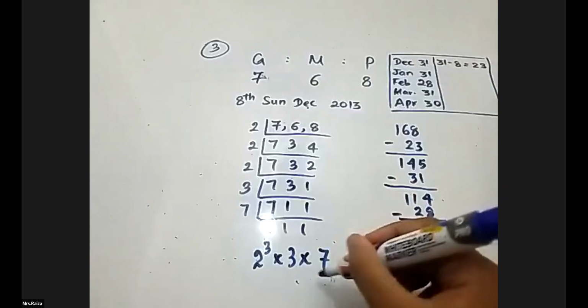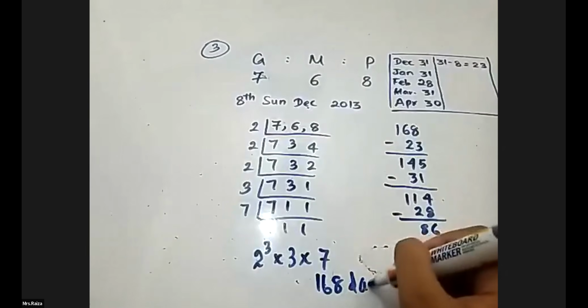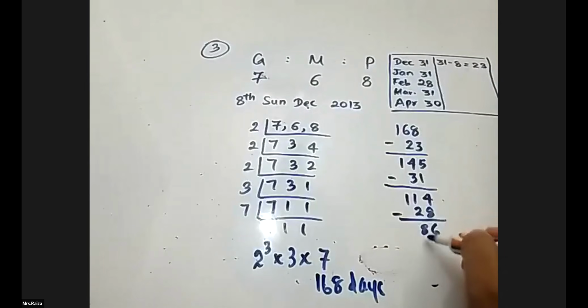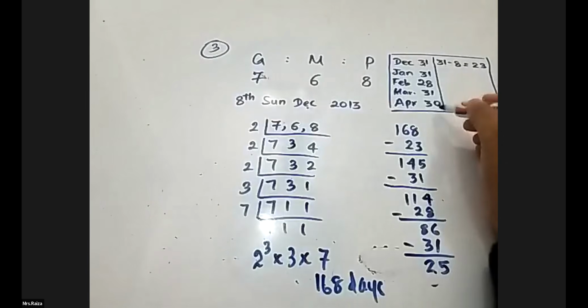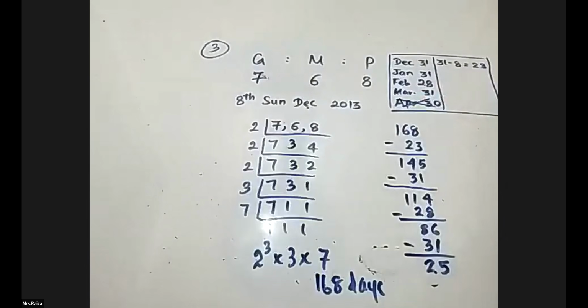So let me write here 168. March, there are 31 days. When I take off all the days of March, 25, right? 25. So from 25, we can't subtract the days of April. So April is not necessary. 25, this is the date. And of which month?